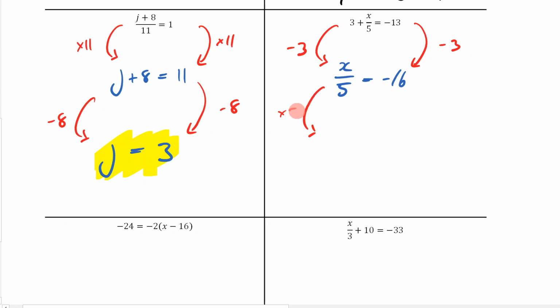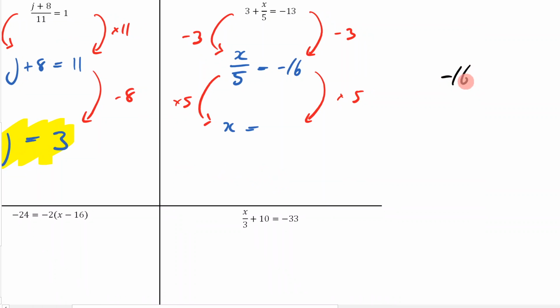I'm going to now times by 5 to each side. I'm going to end up with x here because that gets rid of the divide by 5. Now, I need to go -16 times 5. If you are struggling with it, that's okay. It's going to be -80, but we could go -16, wait, let's give myself some more room.